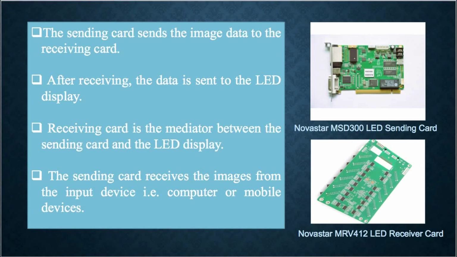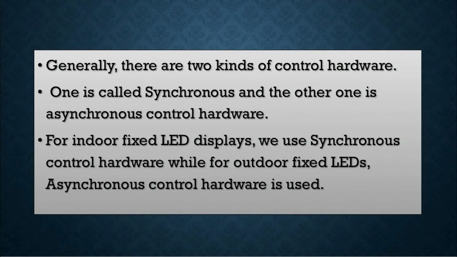The sending card receives an image from the input device like a computer or some mobile devices. And generally there are two kinds of control hardware. One is called synchronous and another is called asynchronous control hardware. Generally for indoor fixed LED displays we use synchronous control hardware, while for outdoor fixed LEDs asynchronous control hardware is used.